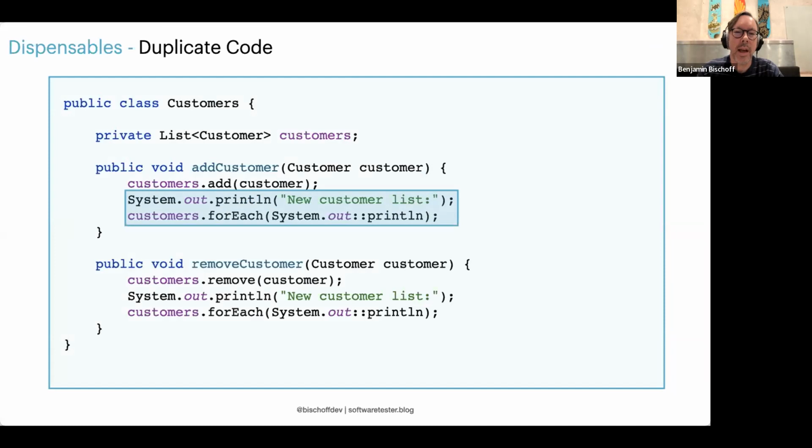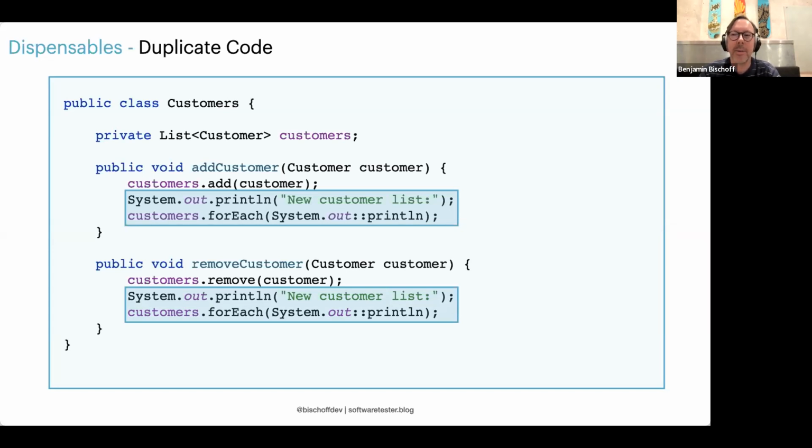In this case, we have an add customers and a remove customer method. And in this case, I wanted to print out the customer list after I add or remove a customer. So this is the code to print out the current customer list after I add a customer. And I wanted to do the same thing for the customer list when I remove a customer.